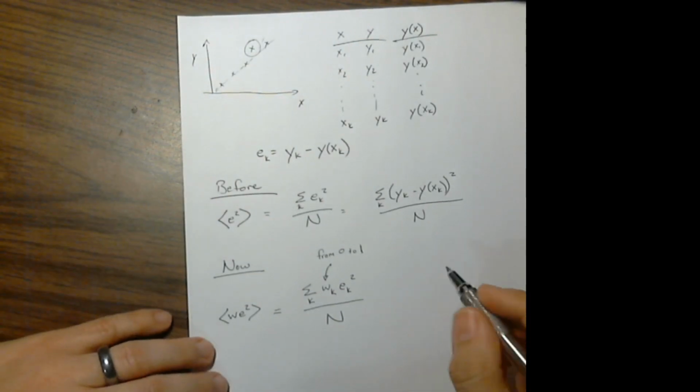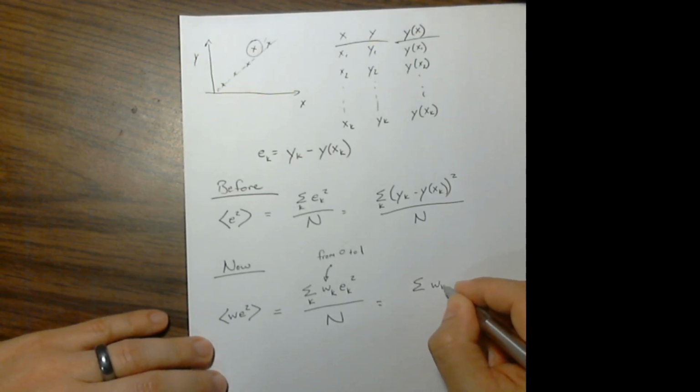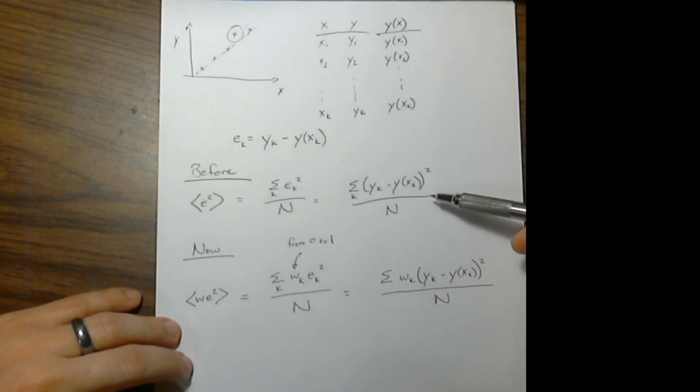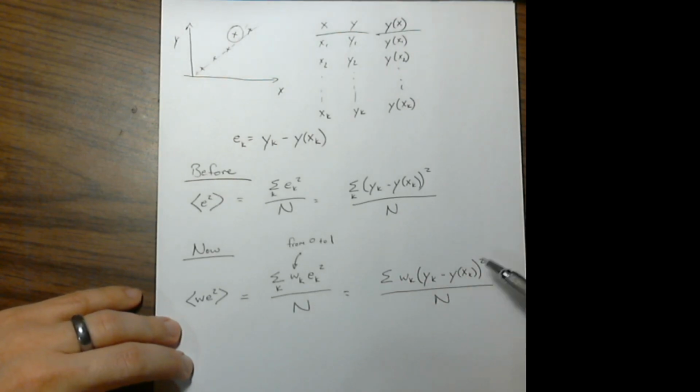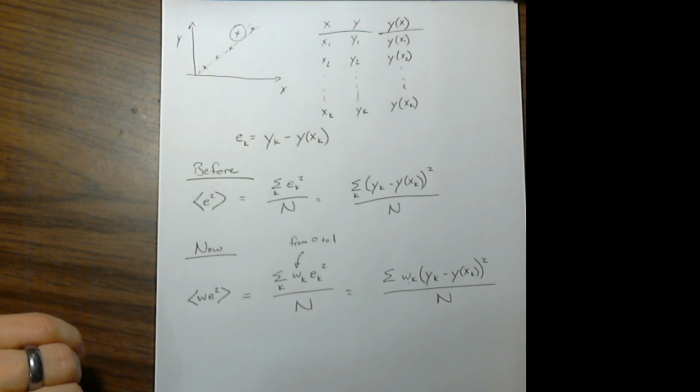So that's fine. That doesn't really look that much more complicated when we get over here. So you can see the difference between what we did before and what we're going to do now is just that we get this coefficient that shows up out front.